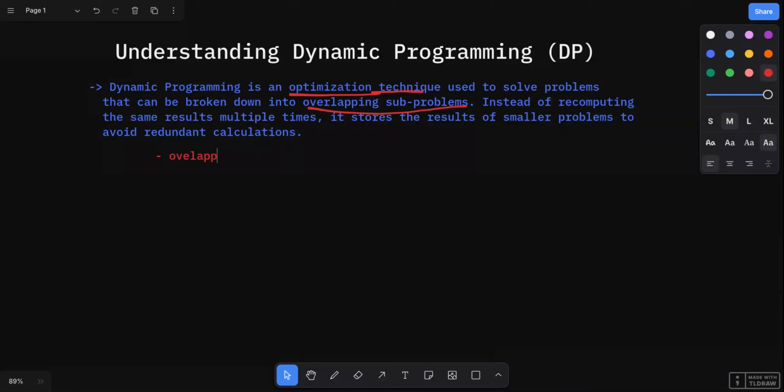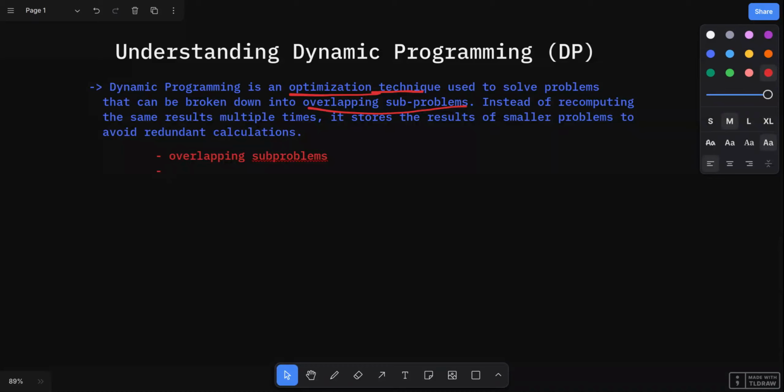And the best example to talk of overlapping subproblems is the Fibonacci sequence. This is a more practical example of a problem that has overlapping subproblems.